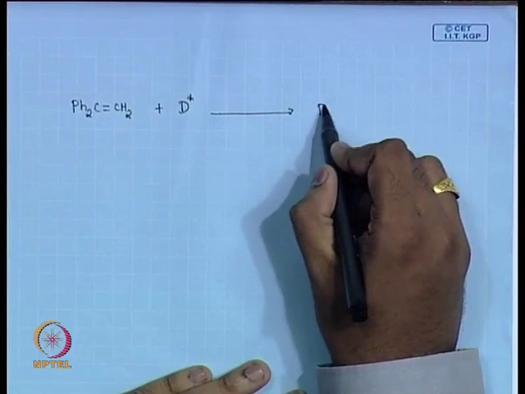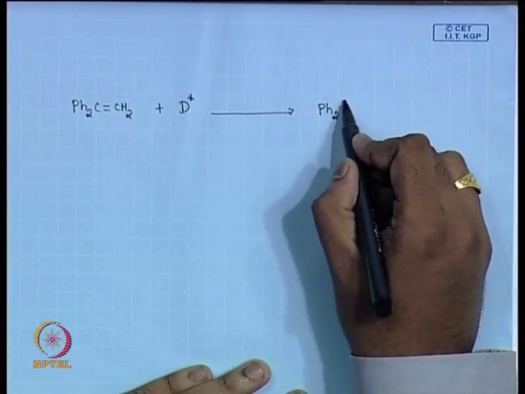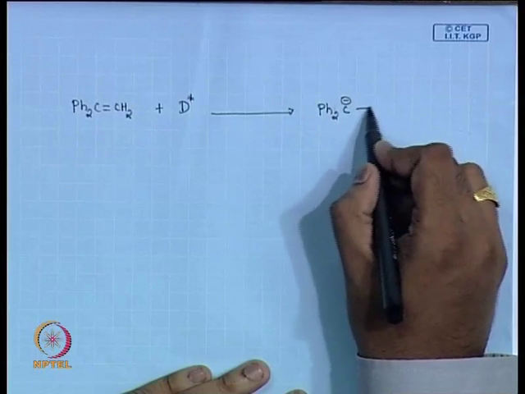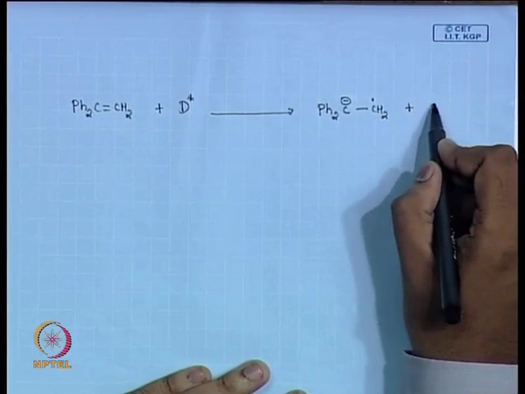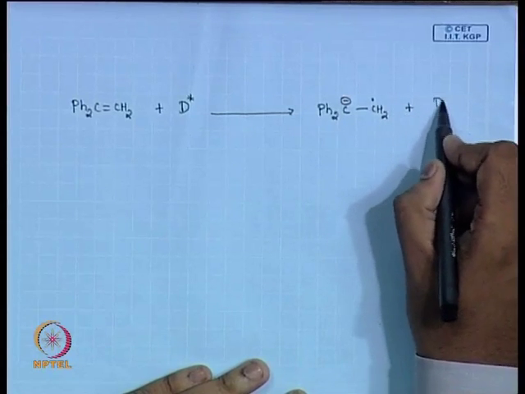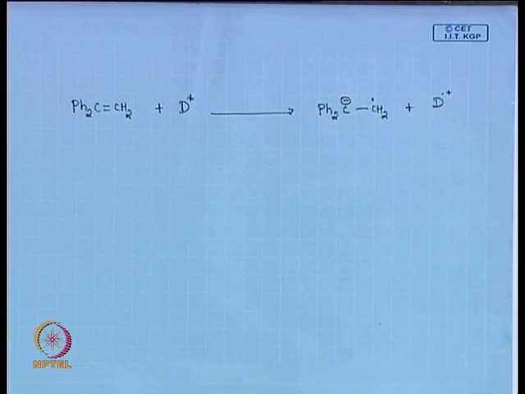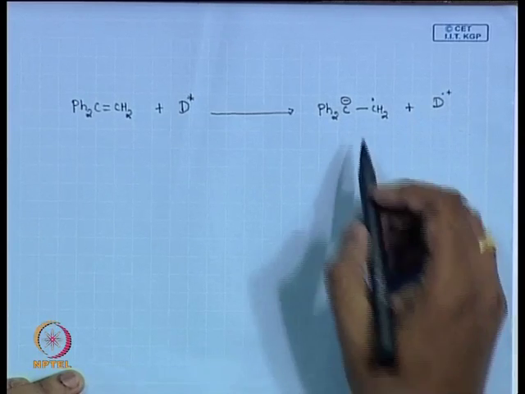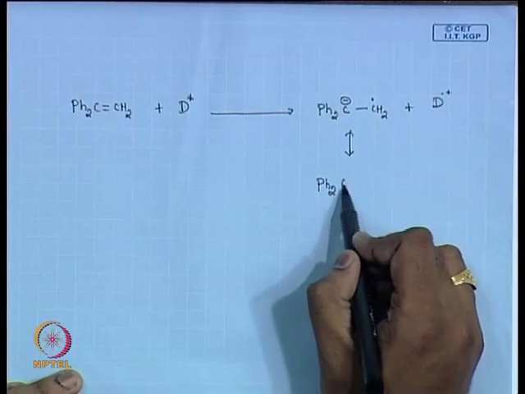Basically, we know that it can donate an electron to the pi system, so it can become D radical cation and the substrate radical anion. So again you can say that this will be much more stable.